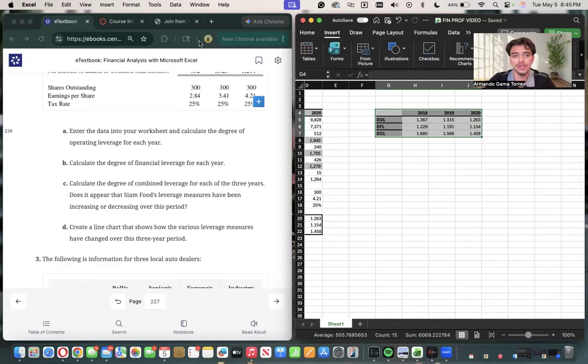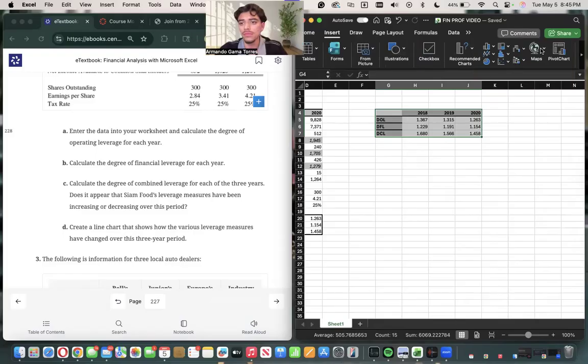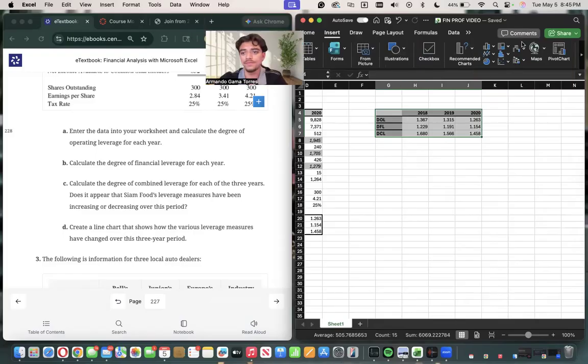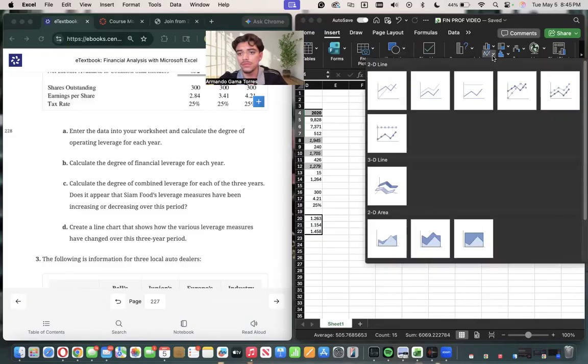Let me move my camera so I can see. This is where we can be creative with it depending on the needs. In this case, we're going to do a straight line with markers. Let's see, stacked line, no, line with markers.